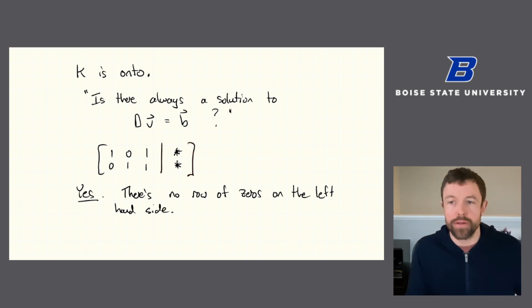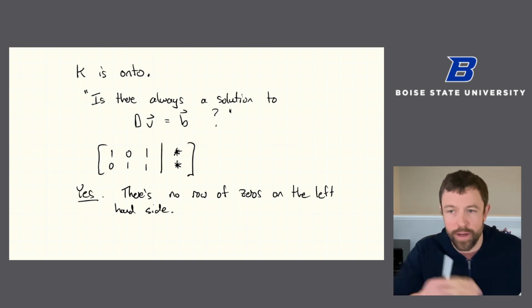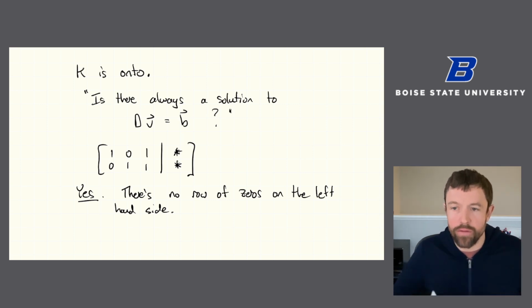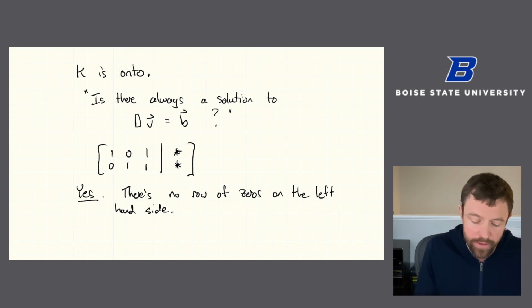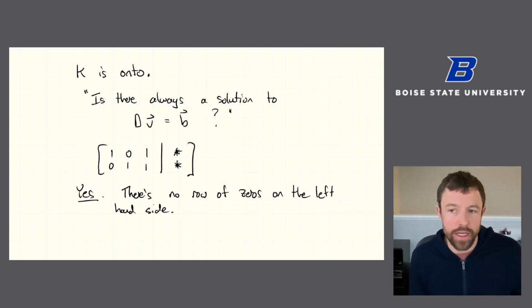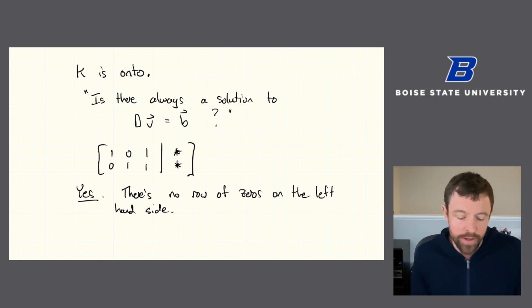And even if we started with a matrix that wasn't in reduced row echelon form, if we get to a place where there's no rows of zeros, then we know that there will always be solutions. Now here there are infinitely many, we have this free variable, but the idea is that checking whether there's a pivot in every row is really checking, when you solve the linear system, do you get a row of zeros? Because if you get a row of zeros, that means that some inputs are going to not correspond to outputs.